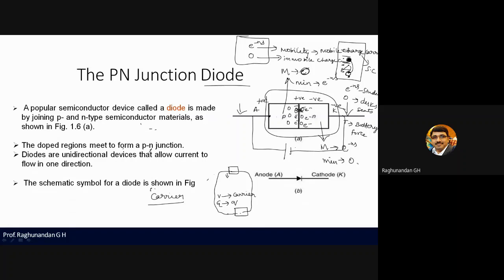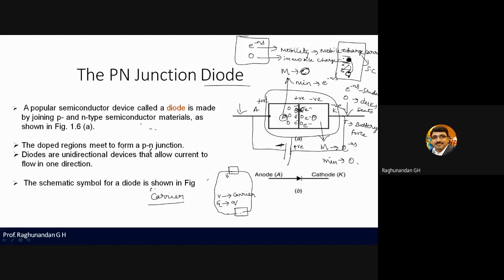There are two types of biasing: forward bias and reverse bias. Forward bias means we connect positive to positive, negative to negative. Reverse bias means we connect in the reverse way, in the opposite way. See, now this is negative, this is positive.